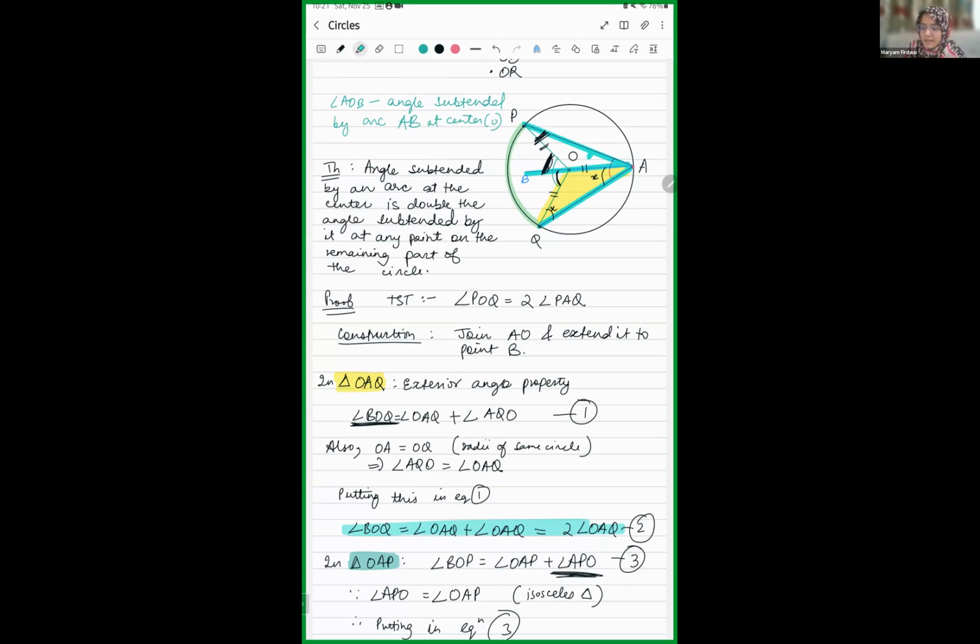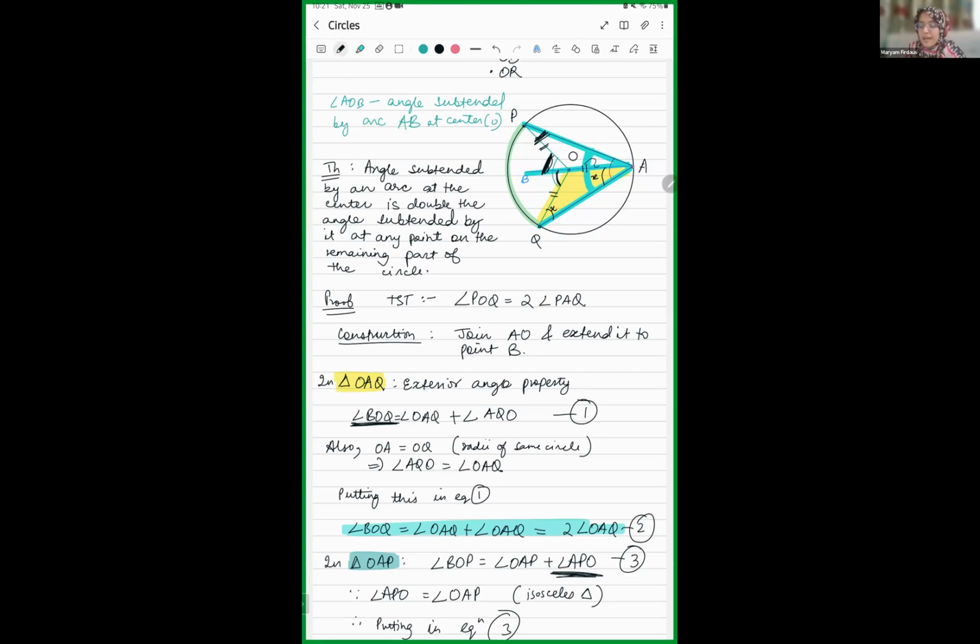If you add this angle, angle PAO, and this angle, angle QAO, which angle are you getting if you add these two angles? Think once again. Give it a try.